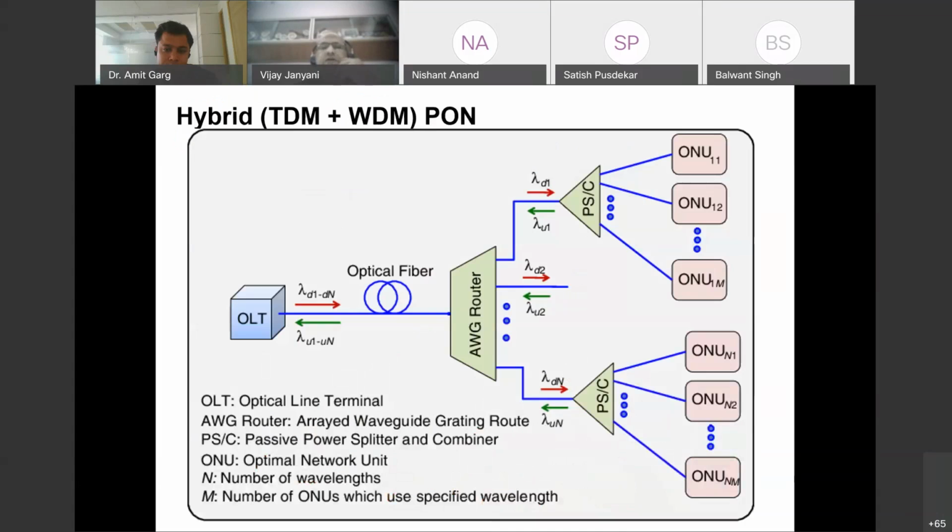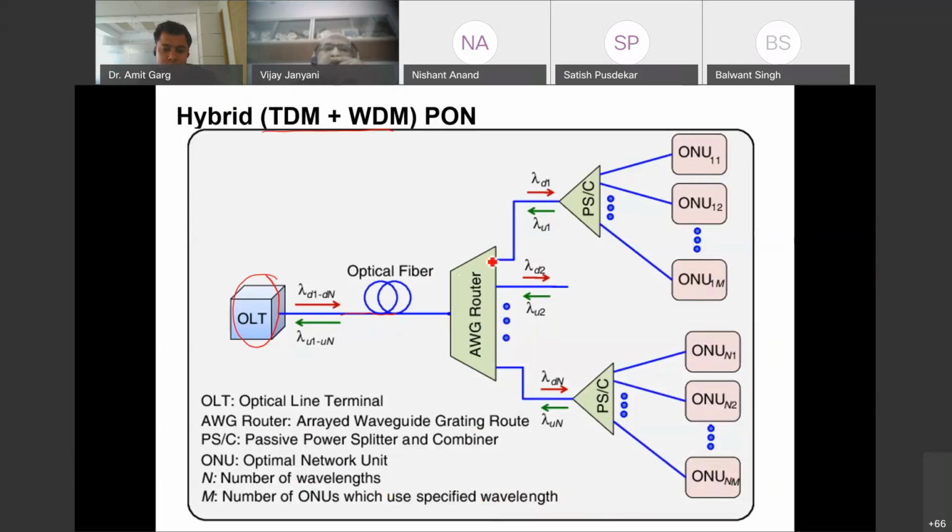You can have a hybrid system also, hybrid TDM plus WDM PON. That is an advancement of this PON to get even higher capacities, higher bandwidth and more number of users. What happens in this hybrid PON, that is TDM plus WDM, you have an OLT here, and this is the optical fiber.